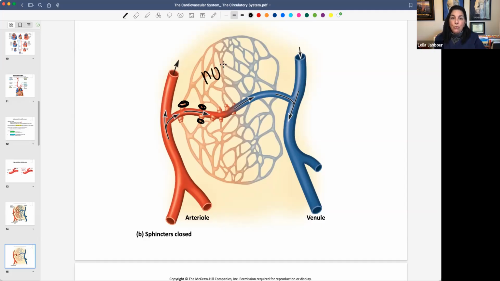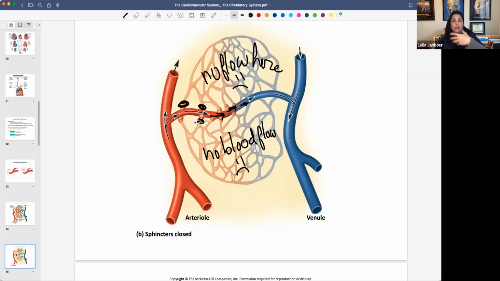So no flow here, no blood flow here, because the blood is going straight through, just basically quickly dumping oxygen and taking whatever it can as far as carbon dioxide, and getting into the venous circulation.